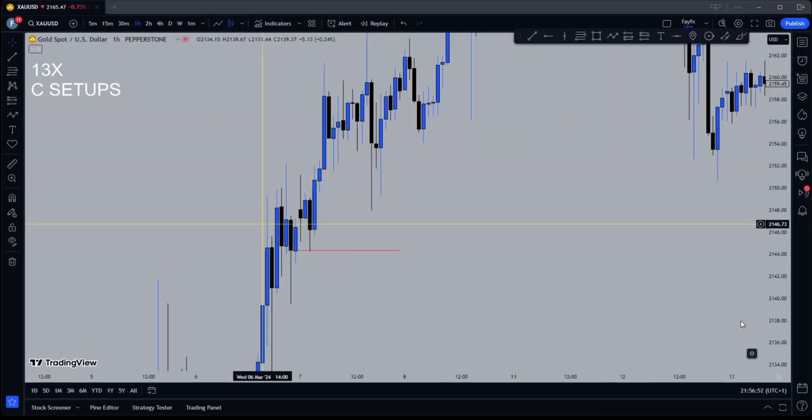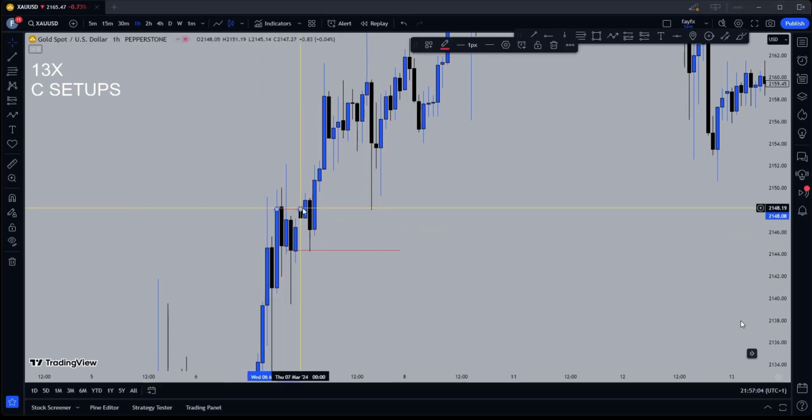Here what we have on 1 hour time frame, we have a classic V. Price broke this opposite level and came down to visit this fresh V level, and continued to move up.